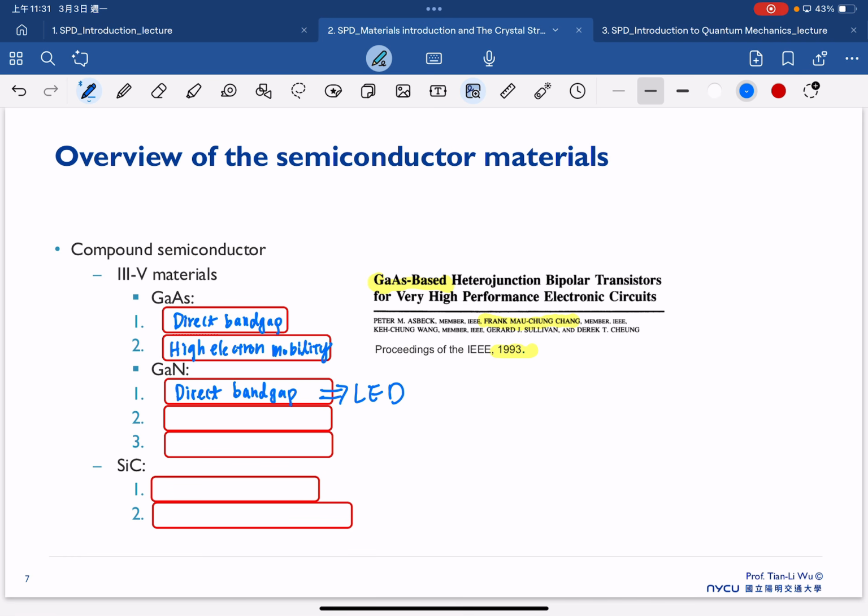Now if you look at all of the LED-based electronics in our daily life, it's all enabled by the gallium nitride material.